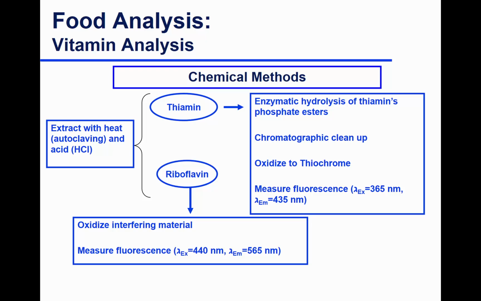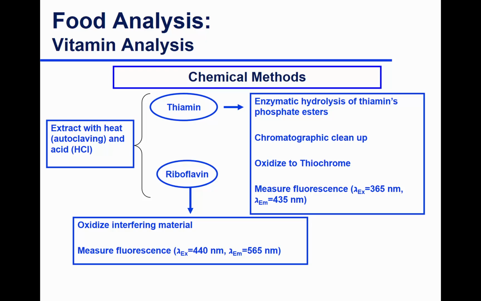Okay. All right, the last two that I'm quickly going to talk about are the two vitamin Bs, thiamine and riboflavin. So these are extracted using autoclaving. I mean, you need heat in the presence of acid. They get extracted. One, because thiamine has phosphate esters, you would use enzymes to break those phosphate esters.